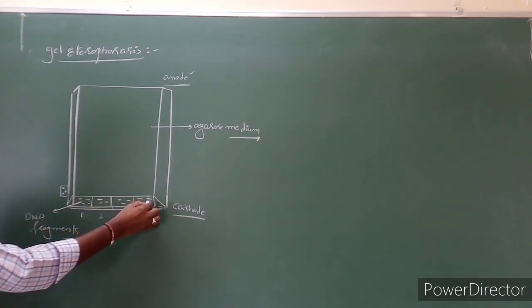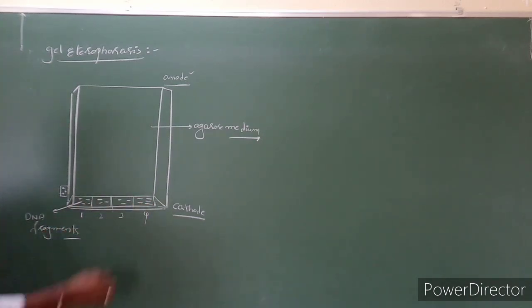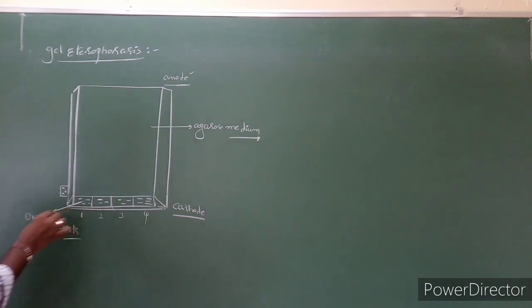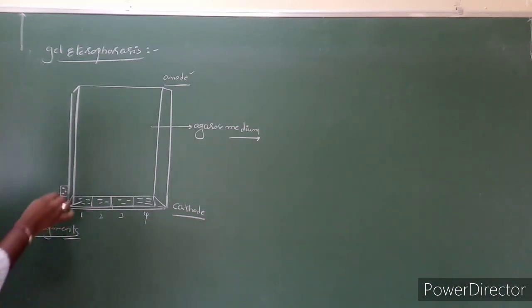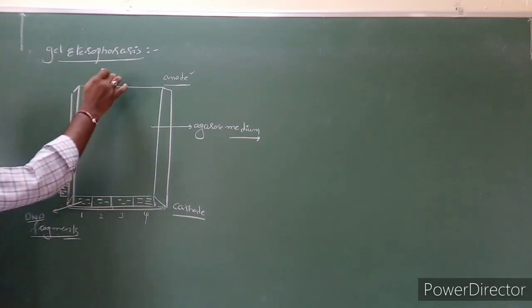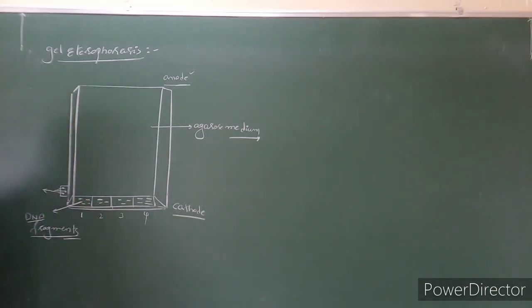Here 1, 2, 3, 4, 5 DNA fragments, here 3, here 3, here 1, 2, 3, 4 fragments are there. Now we supply the electrical current. Then what happens? Each loading site contains DNA fragments. According to their size, they are going to move towards the anode region.